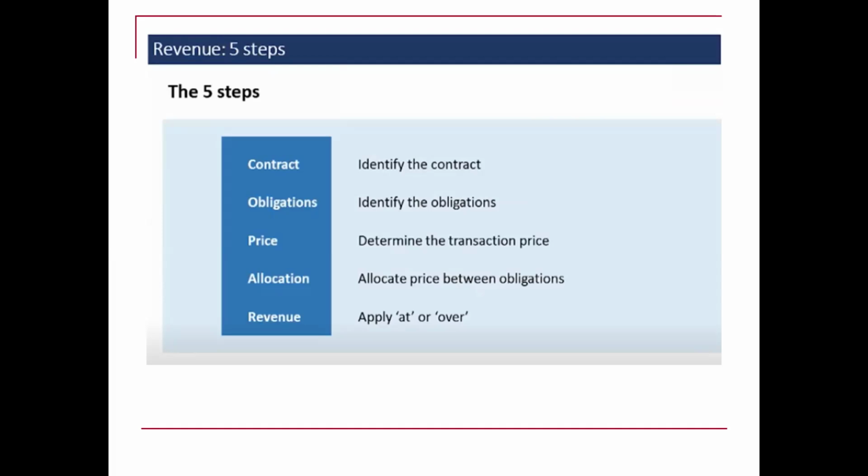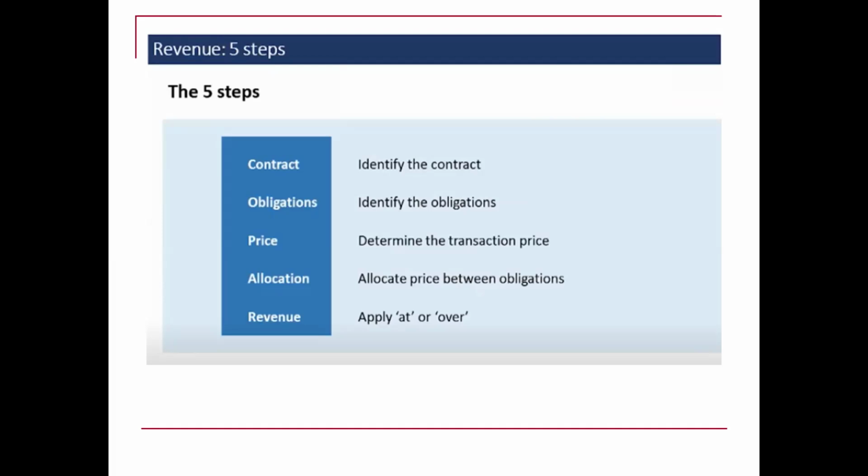So it means I have an obligation 1, to deliver the laptop that I've sold to you. I have an obligation 2, to service the laptop over a period of 1 year. So we have determined that there are 2 obligations, and then we are determining the price that you are paying for both the service and the laptop.